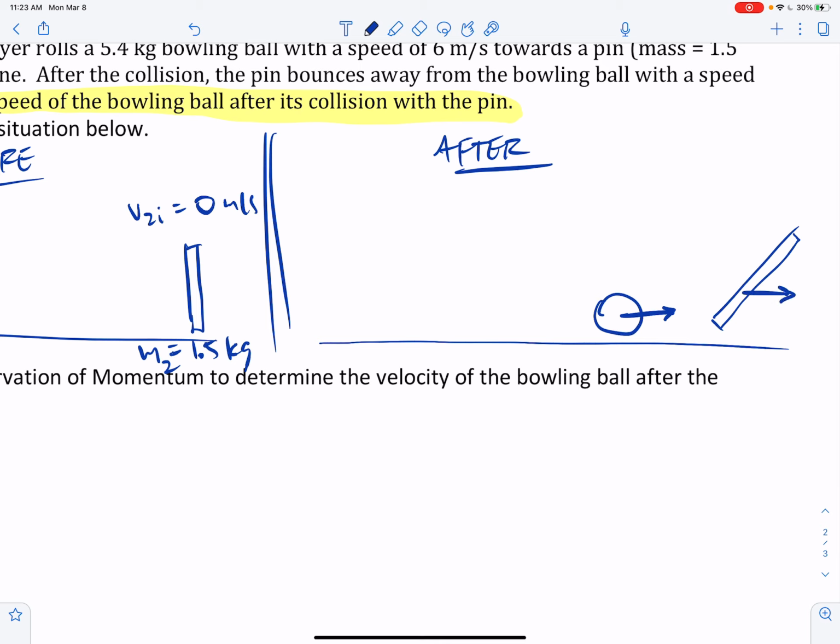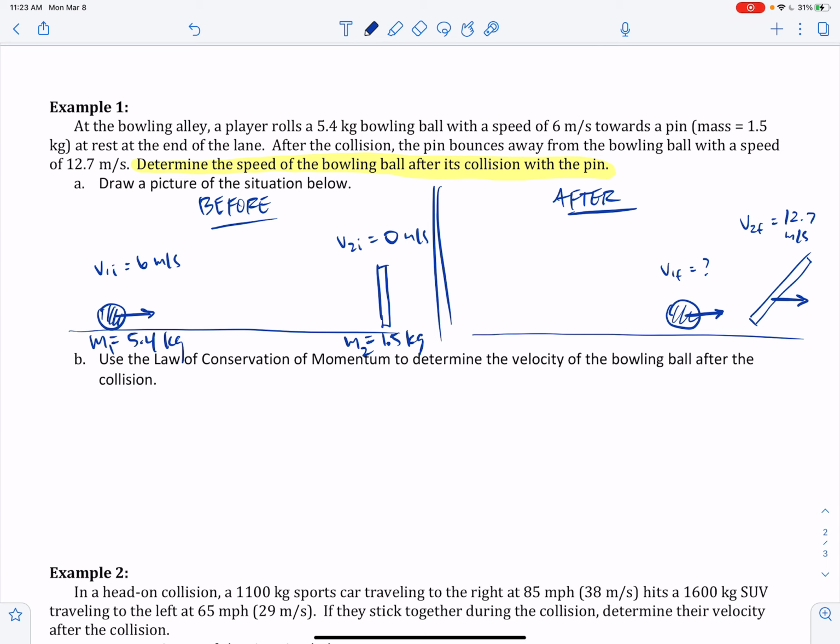Okay, so we're told that the velocity of the pin, we're going to call this V2 final, is 12.7 meters per second. And it says determine the speed of the bowling ball after its collision with the pin. So we're being asked to find V1 final. What is the speed of this bowling ball after the collision?